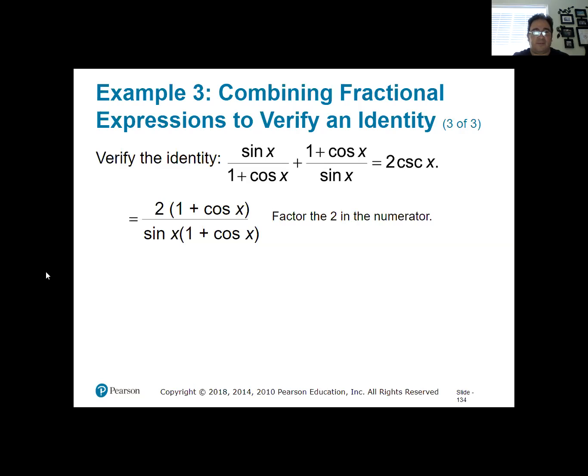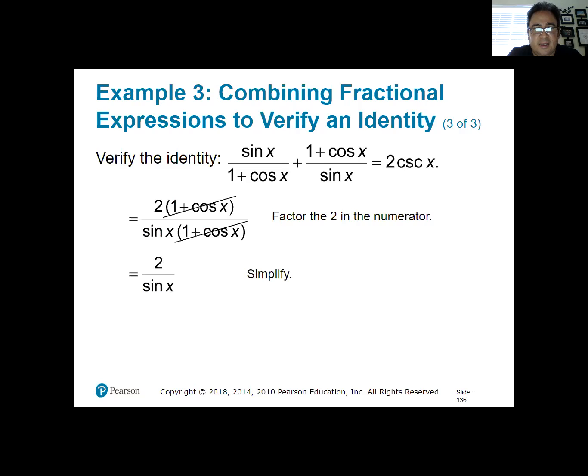And what's going to happen? Math is so cool. You see what happens now? They cancel out. Love it when that happens. That is so cool. And now I have 2 over sine of x. Now I can factor out that 2, right? So I end up with 2 times 1 over sine of x. 2 is the same as 2 times 1, so I can split those apart.